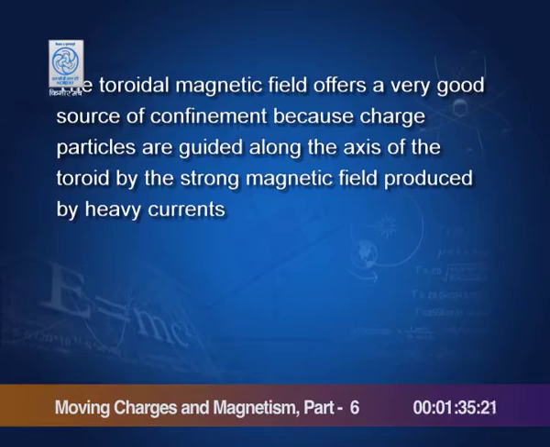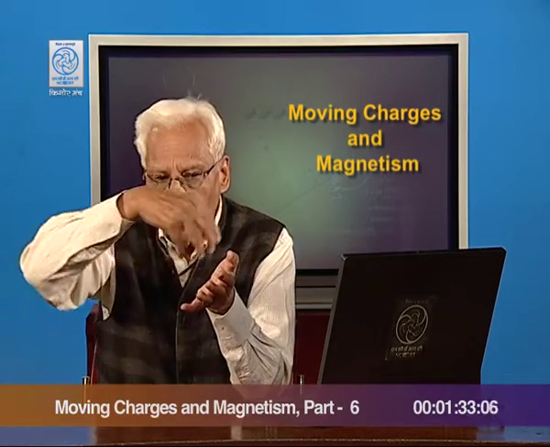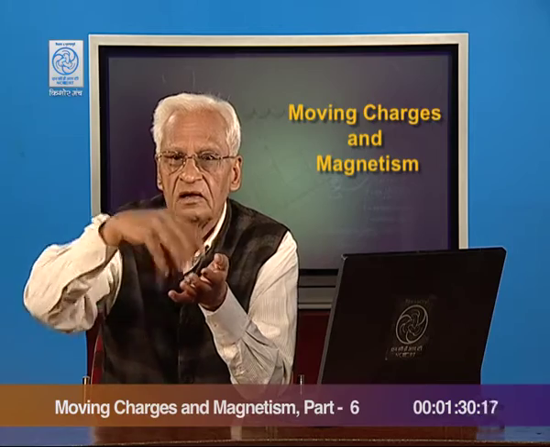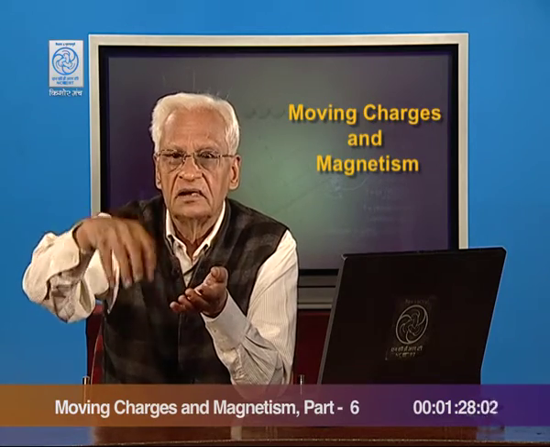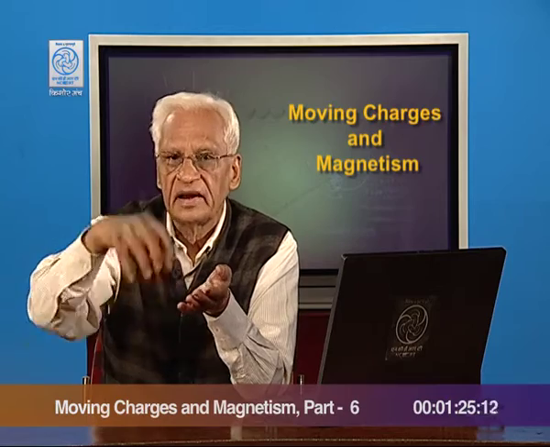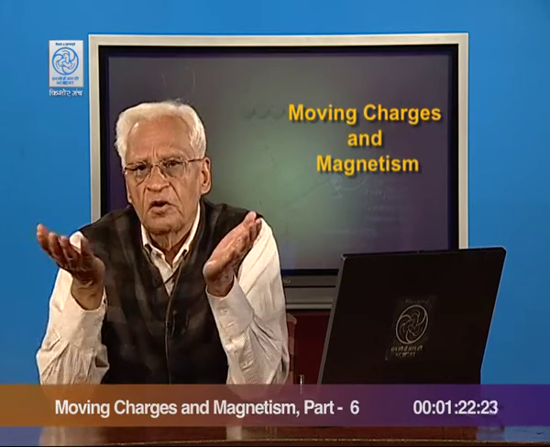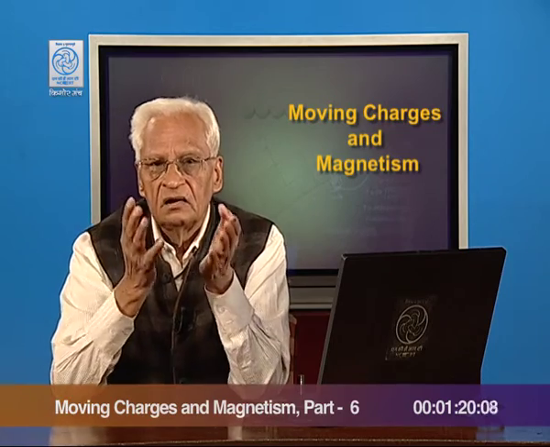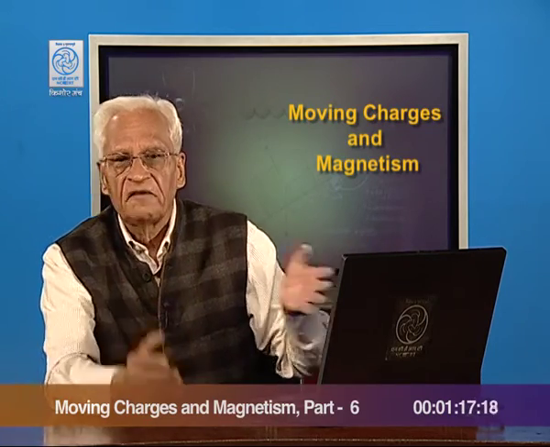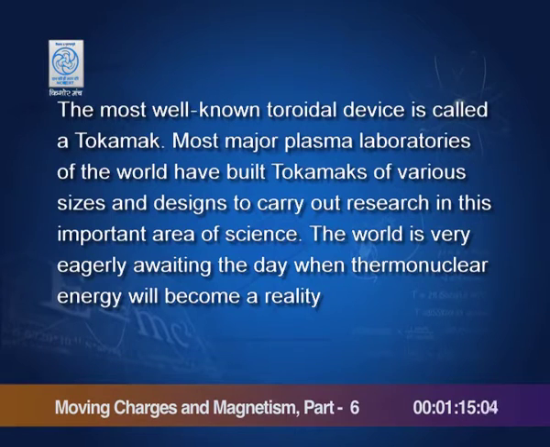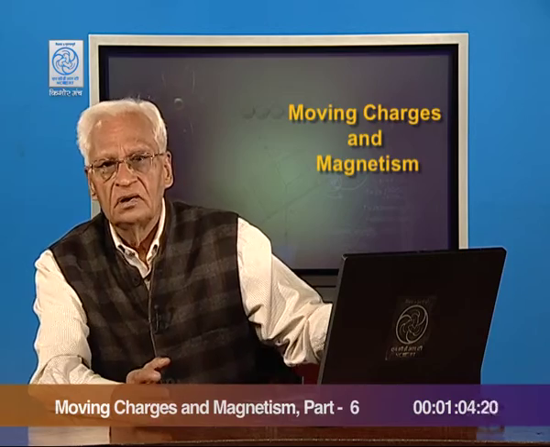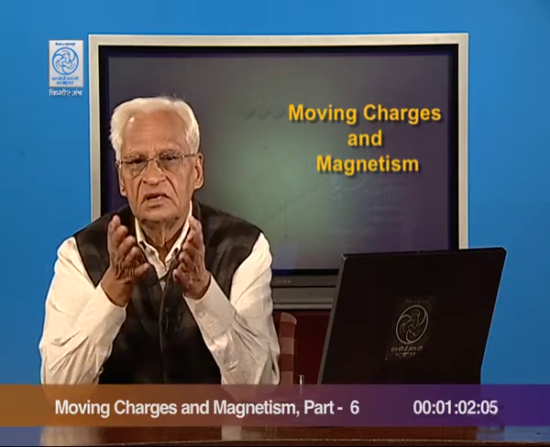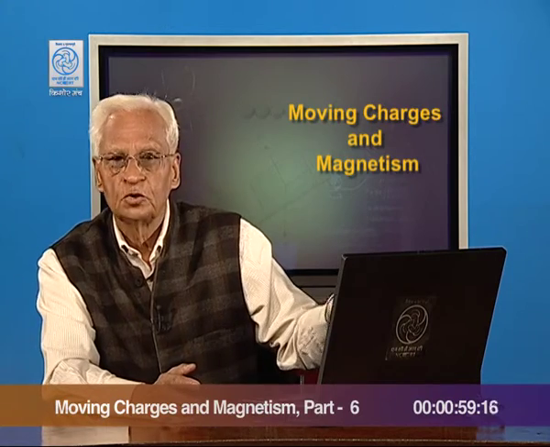We have seen that a toroidal device can be a very suitable thing for confining plasma, so that deuterium and tritium can react, and most laboratories in the world which are working in this area have built toroids, and one of the most well known toroidal devices is called a tokamak, and this tokamak is found in all major laboratories around the world, and they are trying to achieve the thermonuclear fusion using these tokamaks.